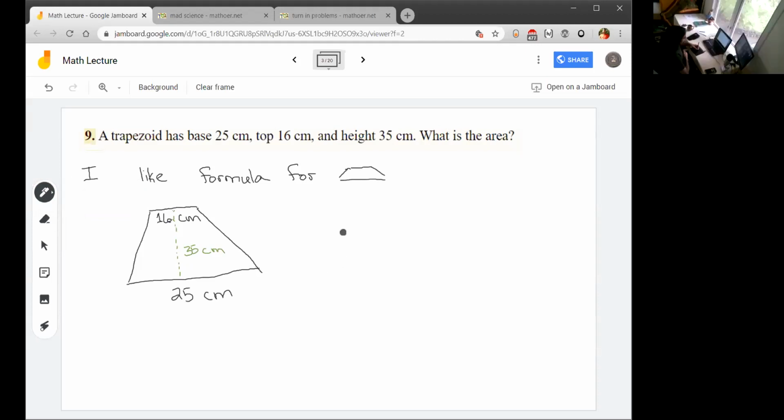So if you have the formula, then the area of a trapezoid is top plus bottom divided by 2 times the height. It was the average of the top and bottom multiplied by the height.